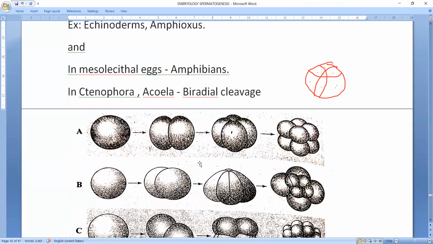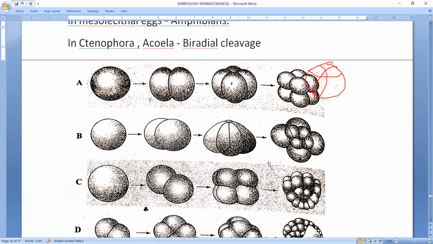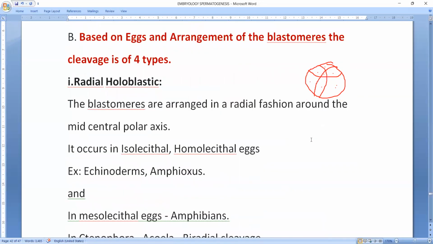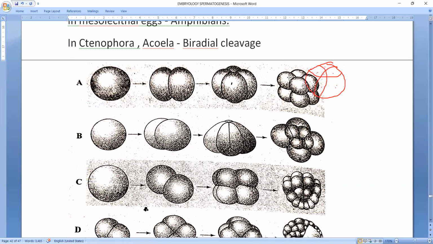Here in the diagram, this is the central mid-polar axis.